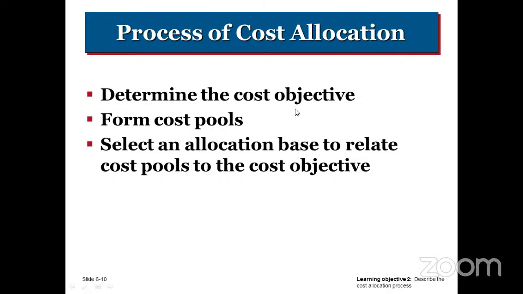Then the second is the forming of the cost pools. Cost pools means you need to gather all the costs that you cannot assign directly to a particular product. Examples are rent, electricity, insurance. All of this is very difficult to assign directly to a particular department or product.